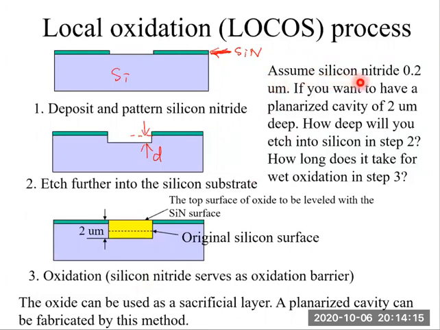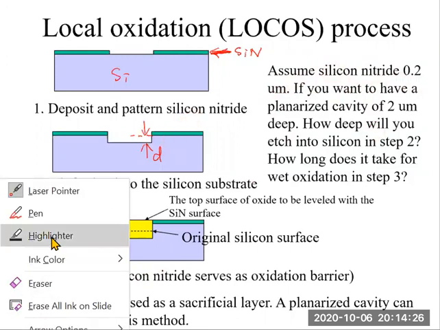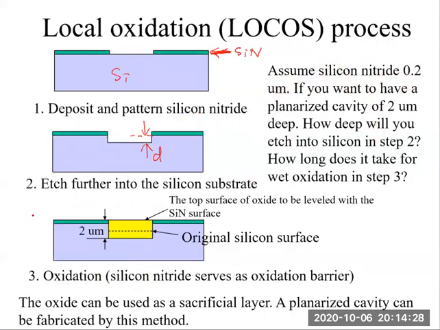Now let's consider this question. This will be another homework problem. Assume silicon nitride is 0.2 micron, so this thickness is 0.2 micron.